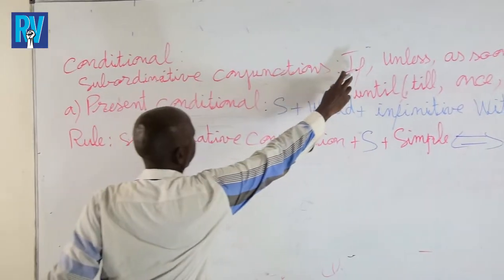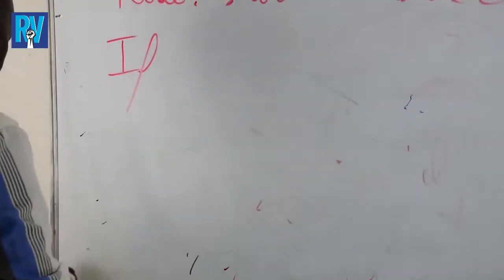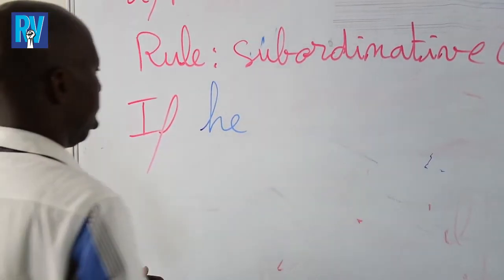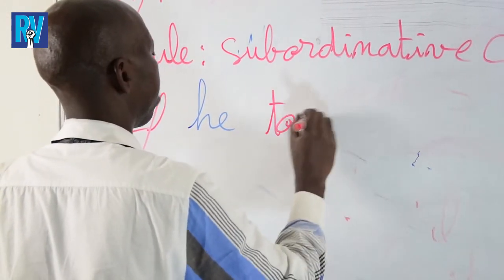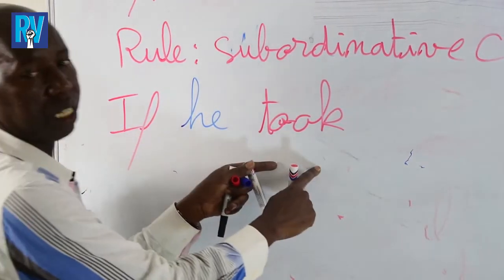Let's take this subordinative conjunction. If he, simple past, the verb to take. If he took, so we have a subordinative conjunction, subject, and we have the simple past.